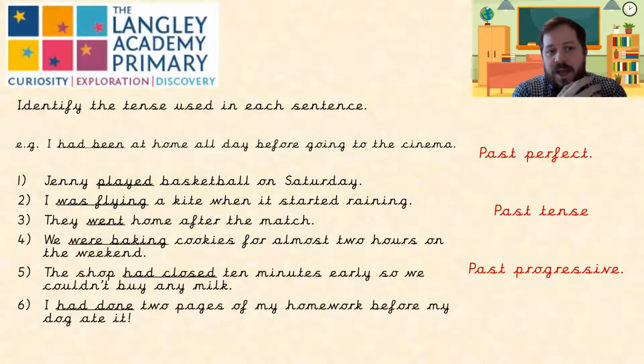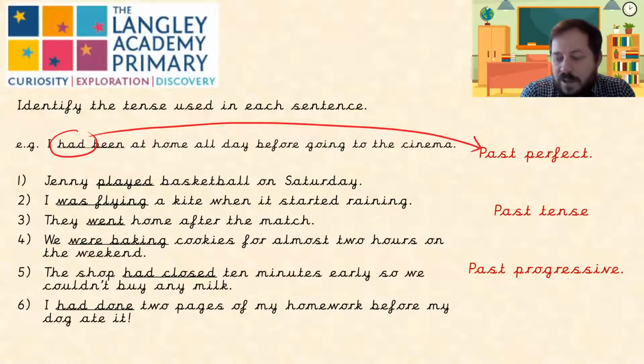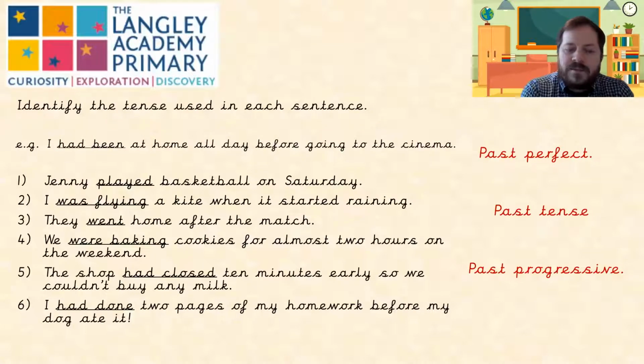So my example is I had been at home all day before going to the cinema. Now this is our past perfect tense, and it's the had in there that gives us that idea. Have a go now at the other ones and just write down which tense you think they're in. Pause now and have a go.